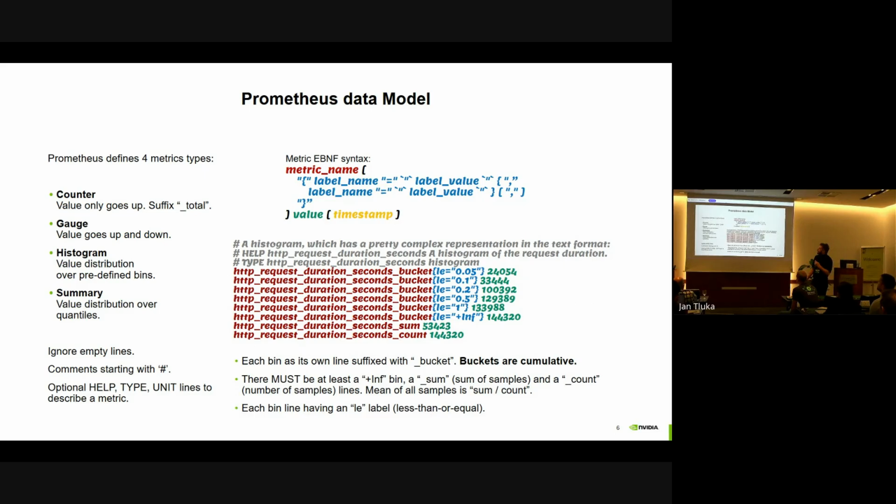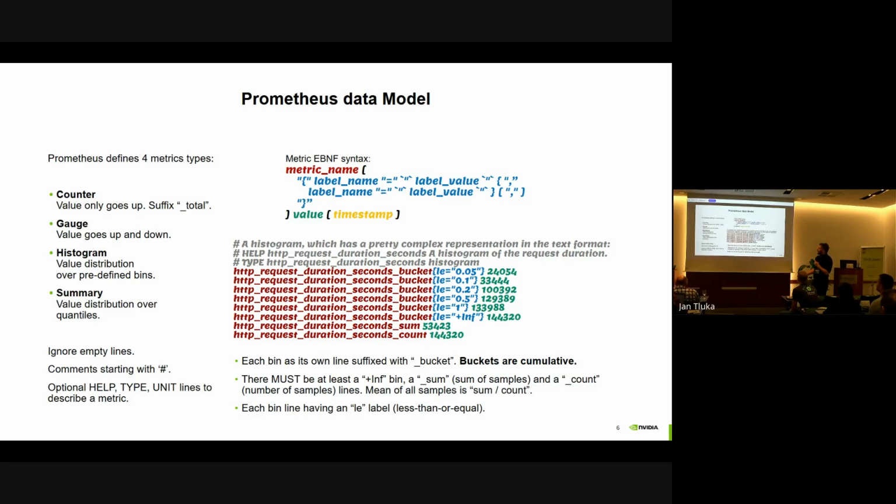When you want to show a histogram, the histogram has to respect some formatting. You have a set of different lines with the suffix bucket. You have a sum, you have a count, and you have a special label that decides whether these values are less or equal to a specific value.